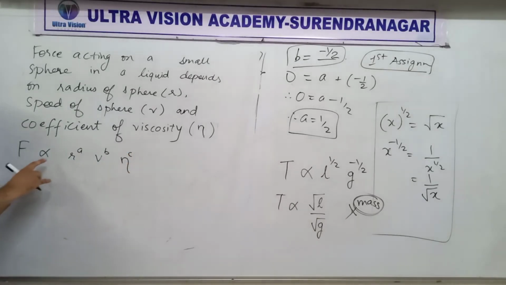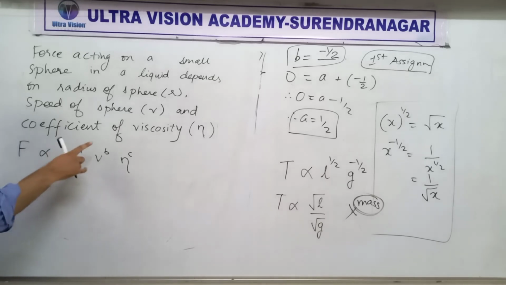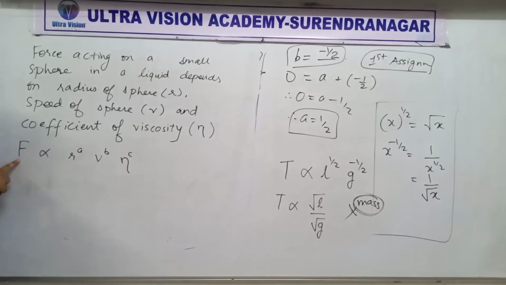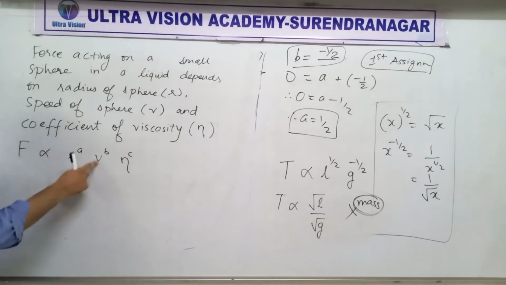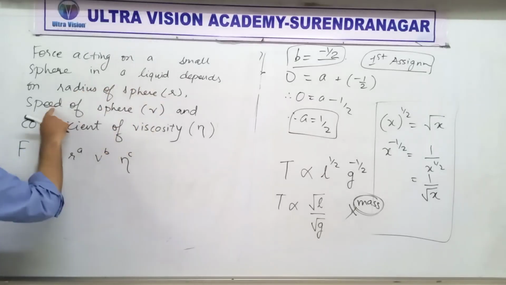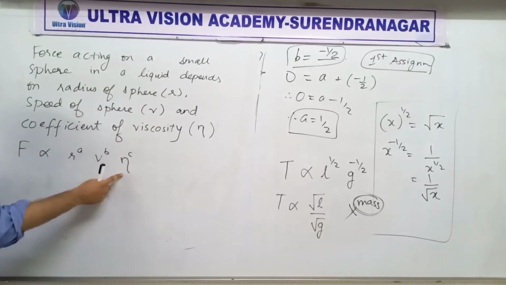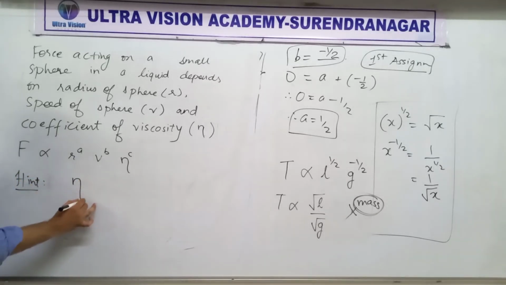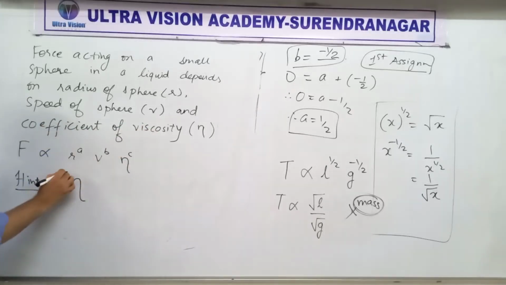I repeat, you have to find a relation between radius of sphere, speed of sphere, coefficient of viscosity and force. Now these two you can easily find dimensions, radius and speed, but you might have trouble with it. So let me help you by giving you a little hint.